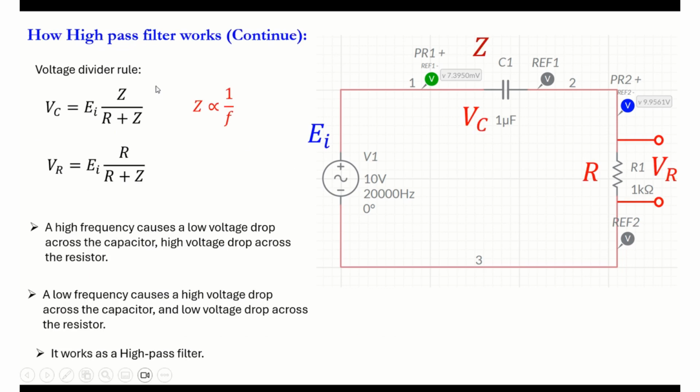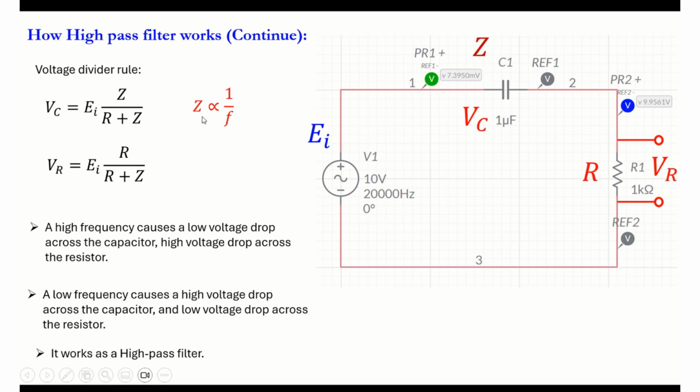If we apply the voltage divider rule, and assume the capacitor has an impedance of Z, the voltage across the capacitor will be the source voltage multiplied by the ratio of the impedance of the capacitor over the total impedance.